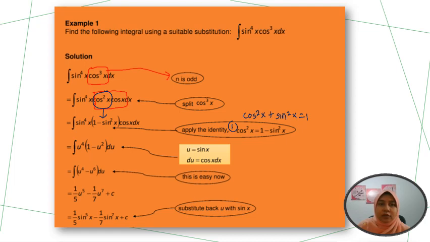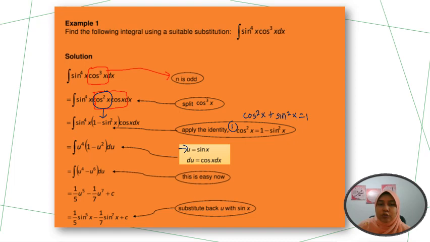Then we know that if the power of cos x is an odd number, we let u equal to sine x. Then we differentiate the function of u with respect to x. So we have du equal to cos x dx.